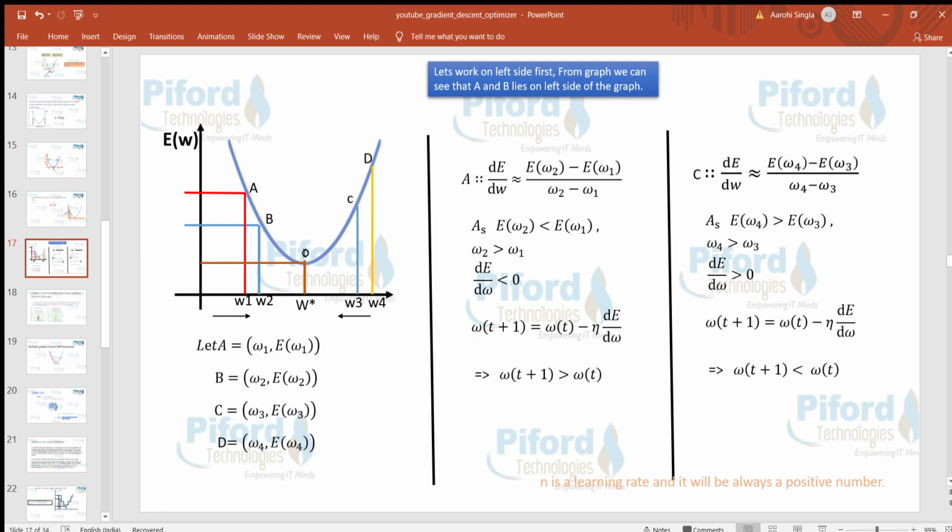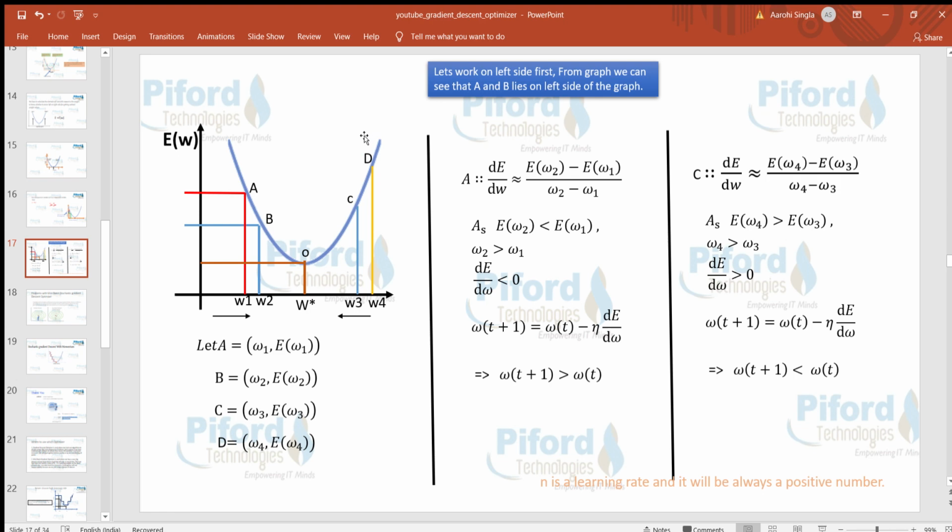Over here we have two scenarios. Either we are on the left of the optimal point, where A and B are the two points on the left, or we are on the right of the optimal point.